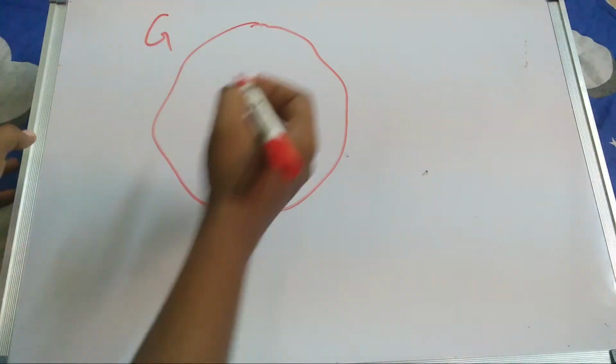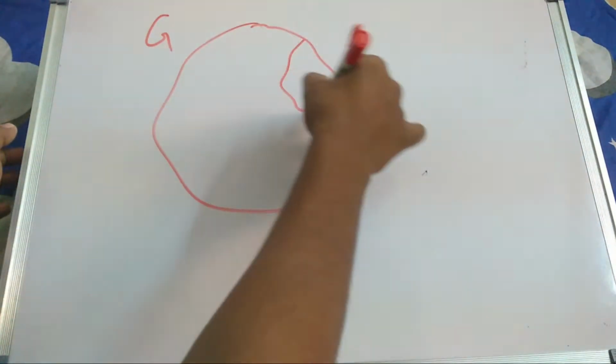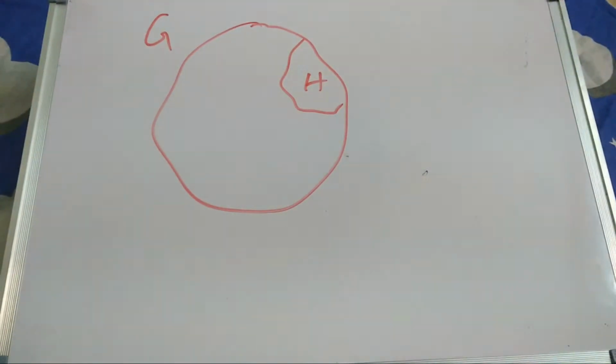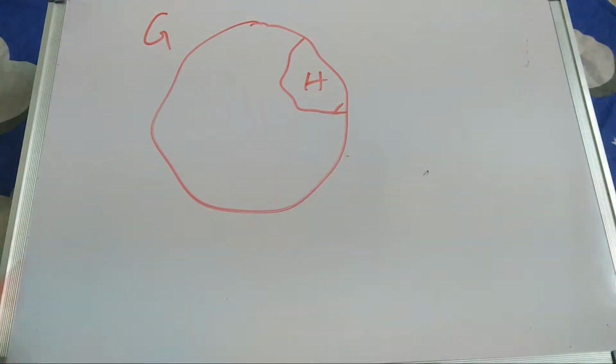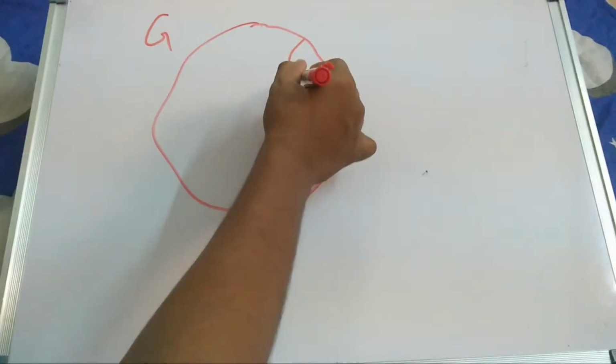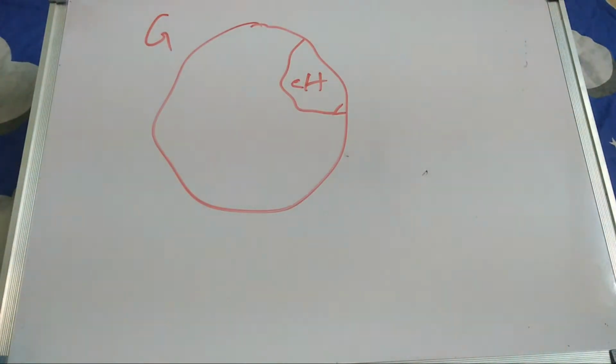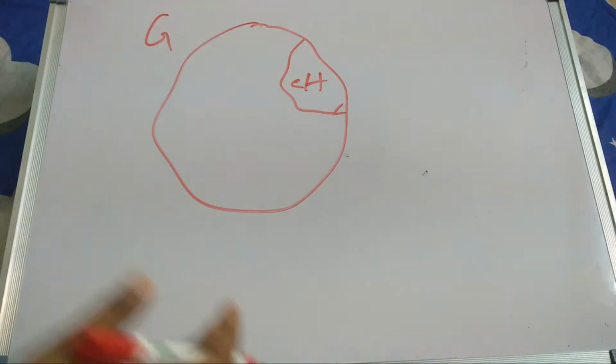So what we are going to do is consider a subgroup, say H. Now this is going to be the coset with respect to the identity element. Now collect all possible cosets.